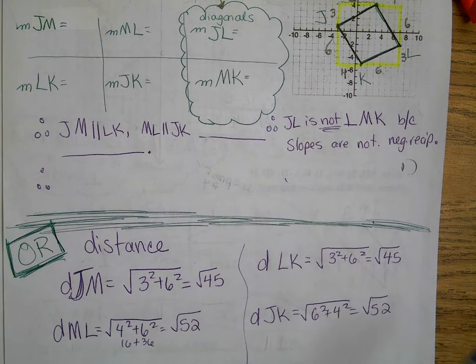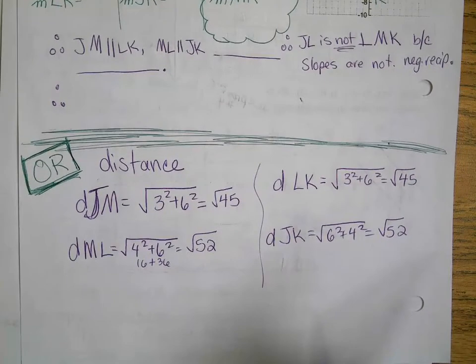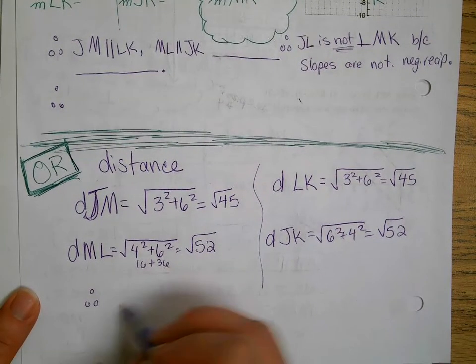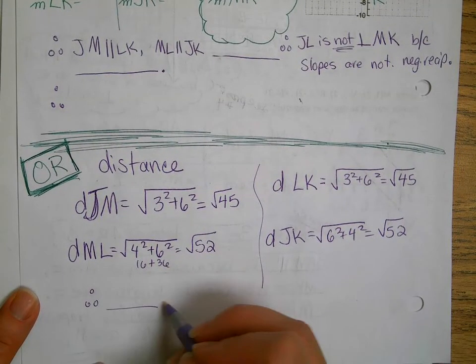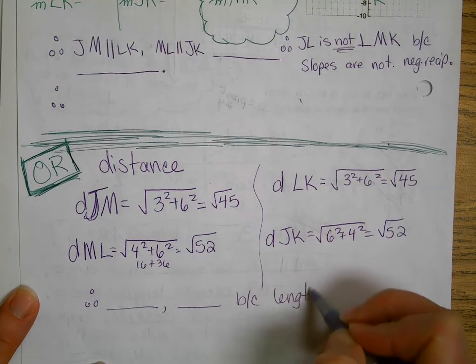So again, to prove a parallelogram, but not a rhombus, we could conclude here that 2 sets of sides are equal because lengths are equal.